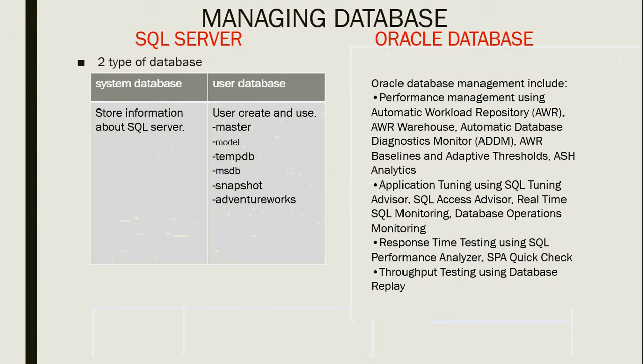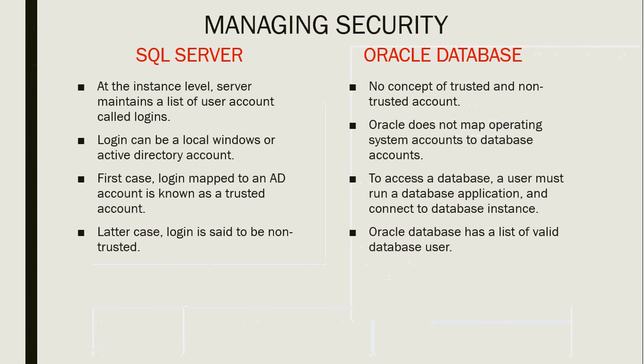Application tuning using SQL Tuning Advisor, SQL Access Advisor, real-time SQL monitoring, database operation monitoring, response time testing using SQL Performance Analyzer, SPA quick check, and throughput testing using Database Replay.